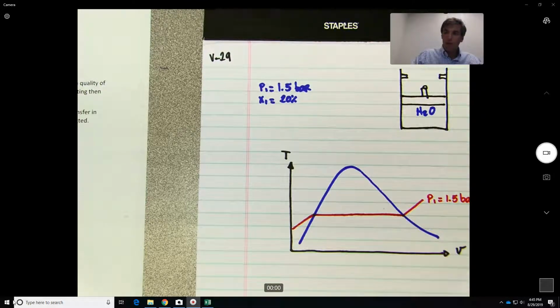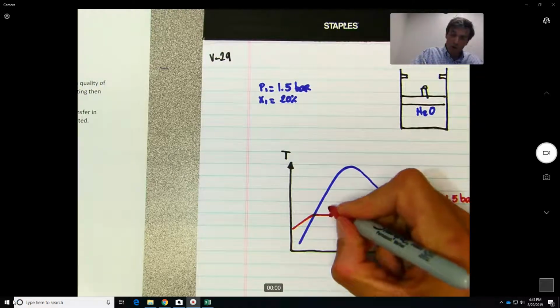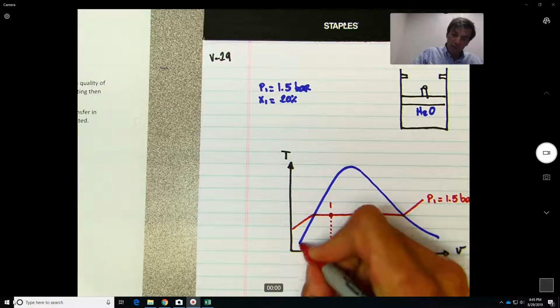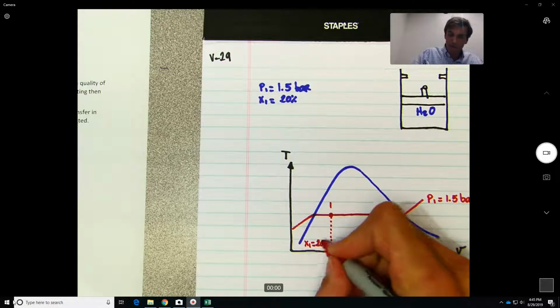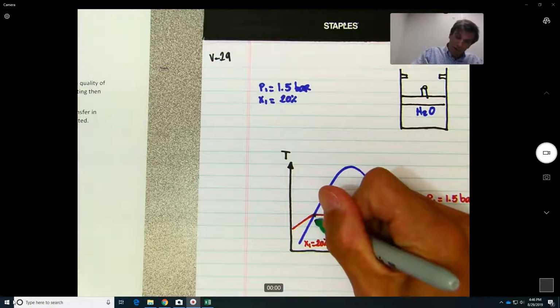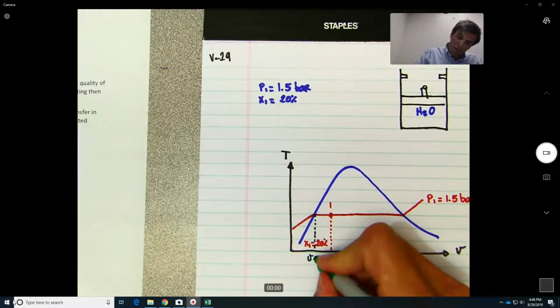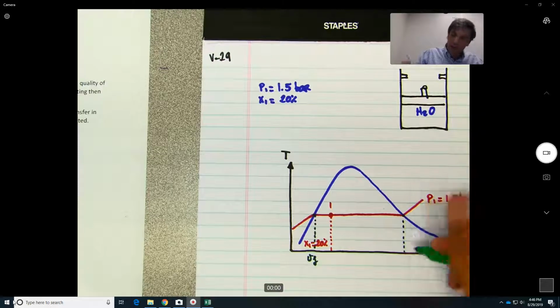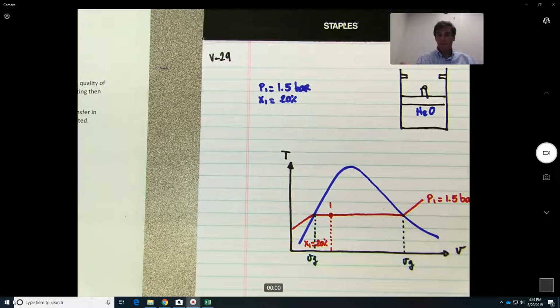So state 1 would be located, let's say, over here, because we know x1 equal to 20%. So basically that means that it's 20% gas and 80% liquid. And over here would be 100% gas. So this value here would be v fluid, and this would be v gas.